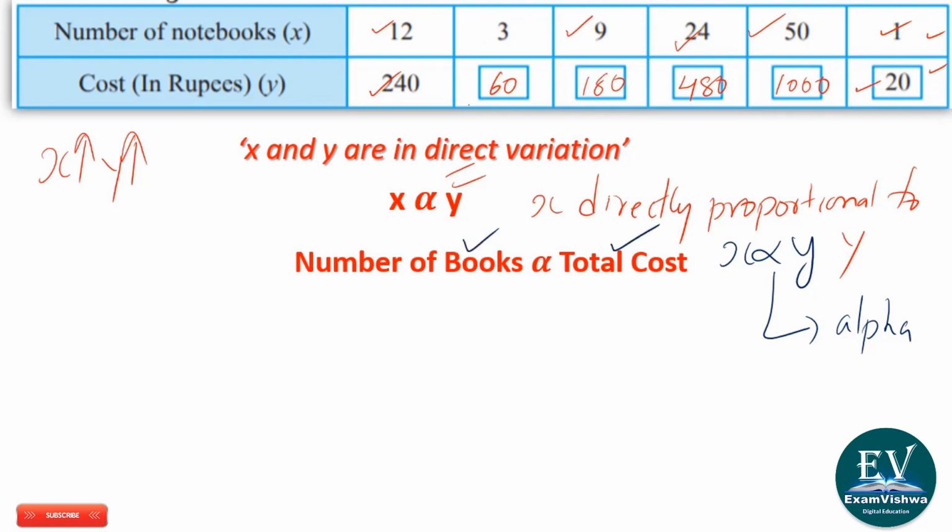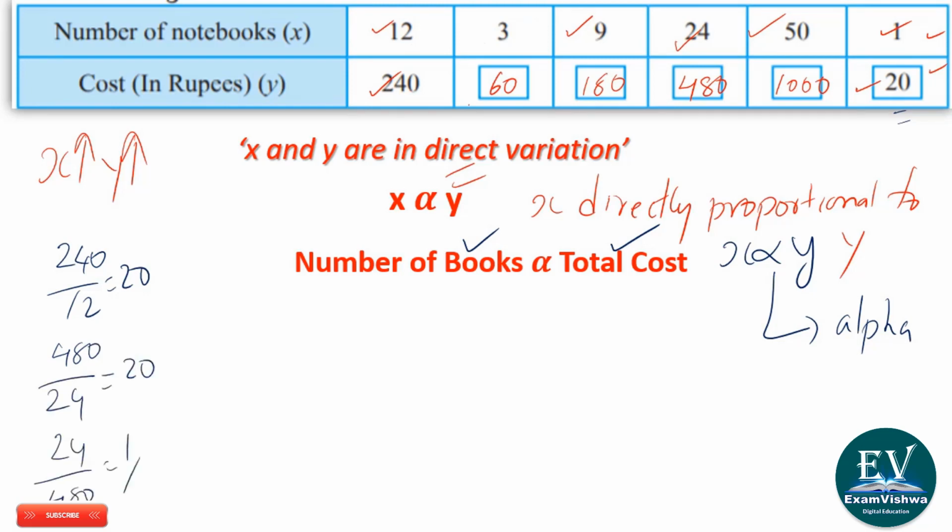And if you don't know how much it costs, 240 divided by 12 is equal to 20. It is already given as 20 upon 1. Even in the case of 480 divided by 24, that is also 20. If you are dividing 24 by 480, you will get 1 upon 20.